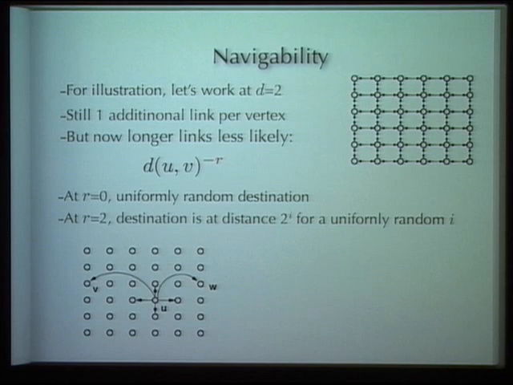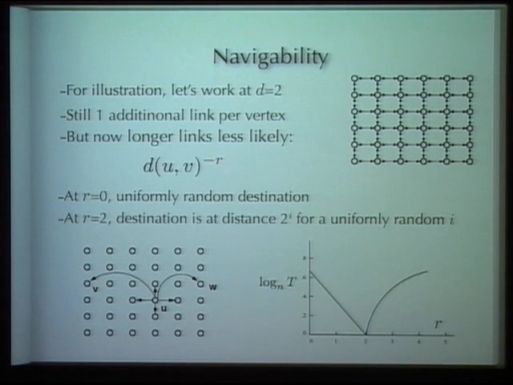And what John showed is that in such graphs, there exists one particularly nice value of R for which you can find paths very efficiently, greedily. So the algorithm we're going to use is, when I'm at a vertex, I'm going to take, out of the 5 possible links, the one that gets me closest to my destination. I don't care if it's a short link or a long link, that's what I'm going to do.